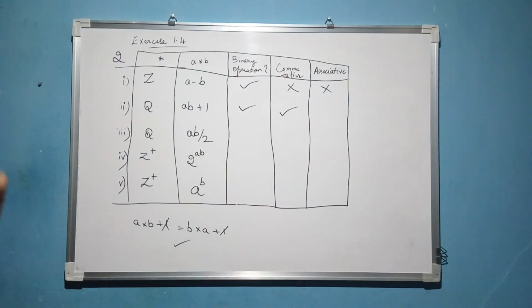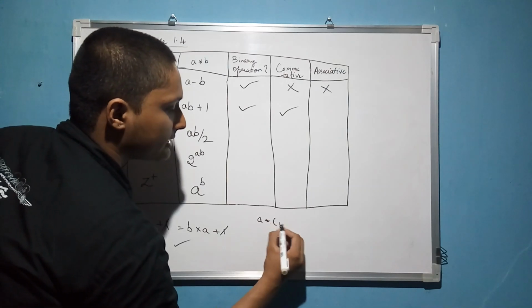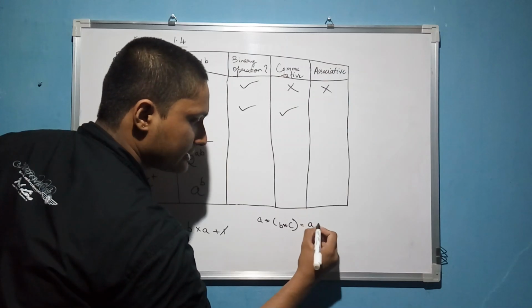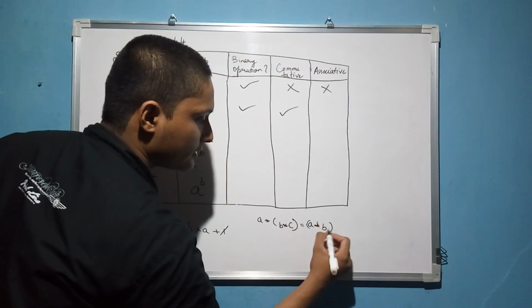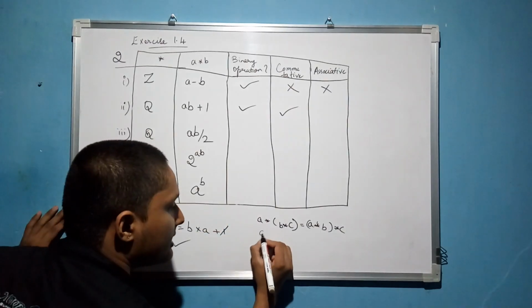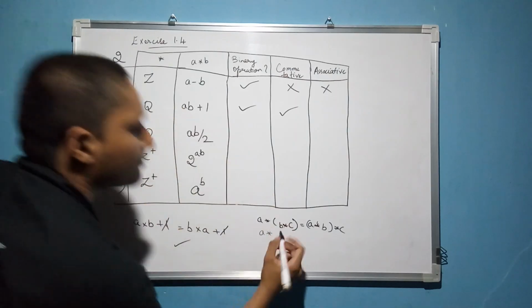So now we need to check whether it is associative. That is A star (B star C) should be equal to (A star B) star C. Now what is B star C? B star C is B into C plus 1.